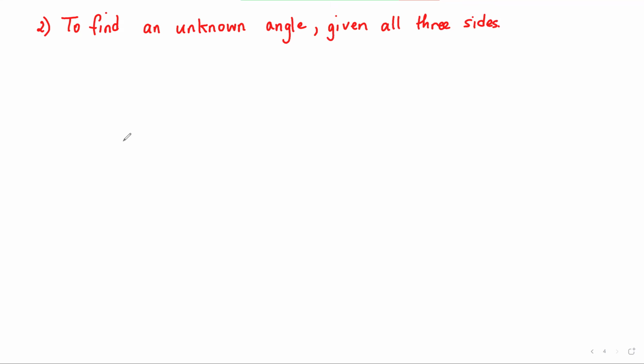To find an unknown angle, I want you all to pay very close attention to this, because students make mistakes with this particular step, in this case a lot more than in the sine rule. So to find an unknown angle when all three sides are given, let's see how that works.